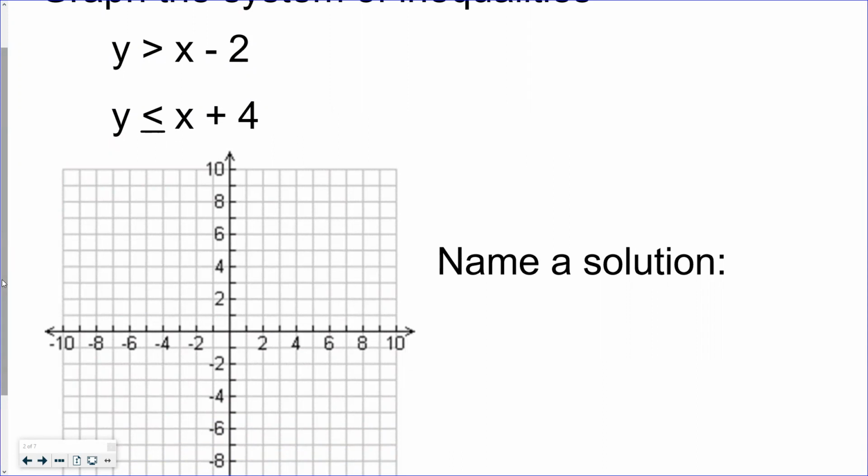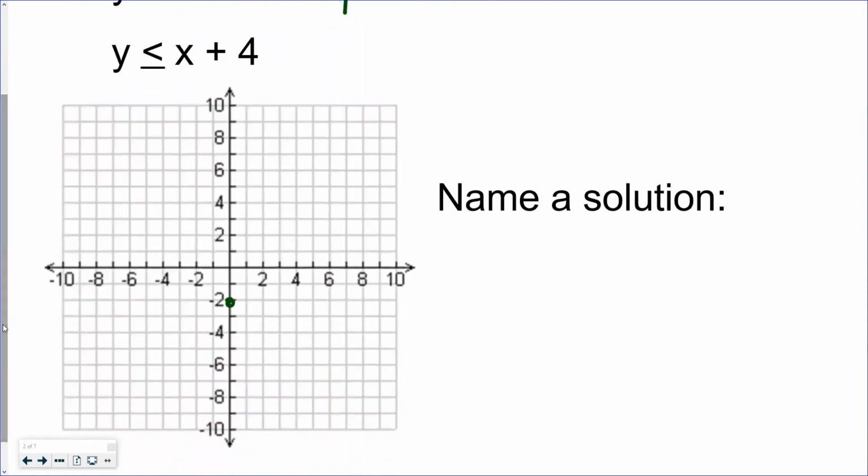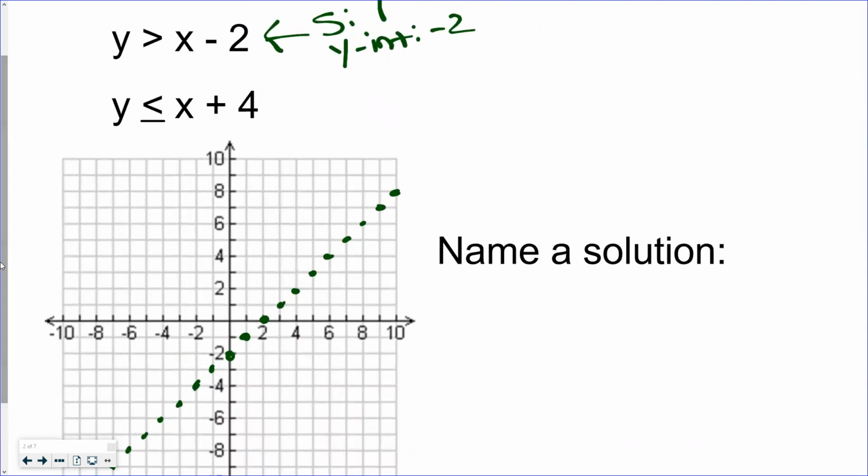Okay, so on the first one, my slope is 1, my y-intercept is negative 2. So I'm going to go to negative 2, and I'm going to have my slope of going up 1, right 1, up 1, right 1. Now I am greater than, so that means I do need a dashed line.